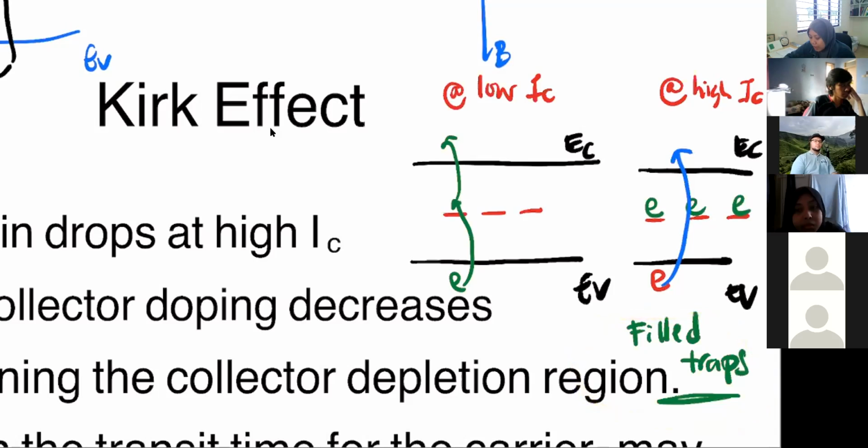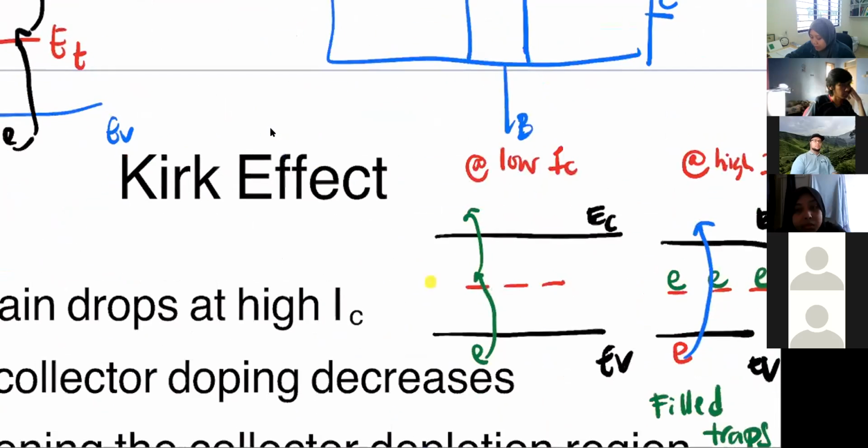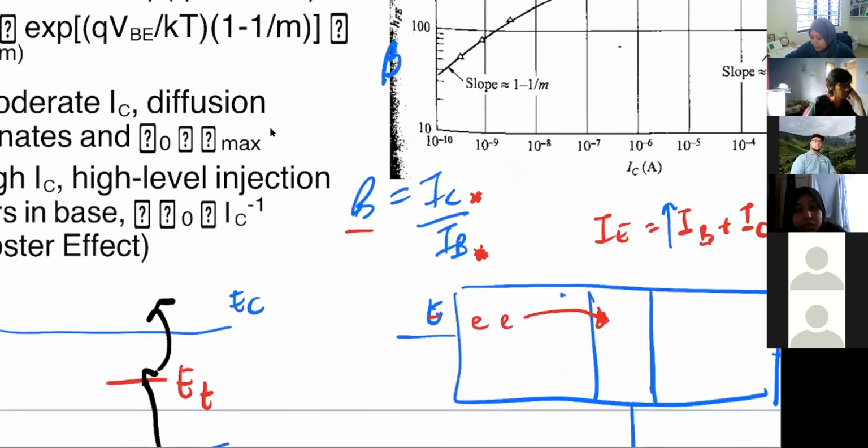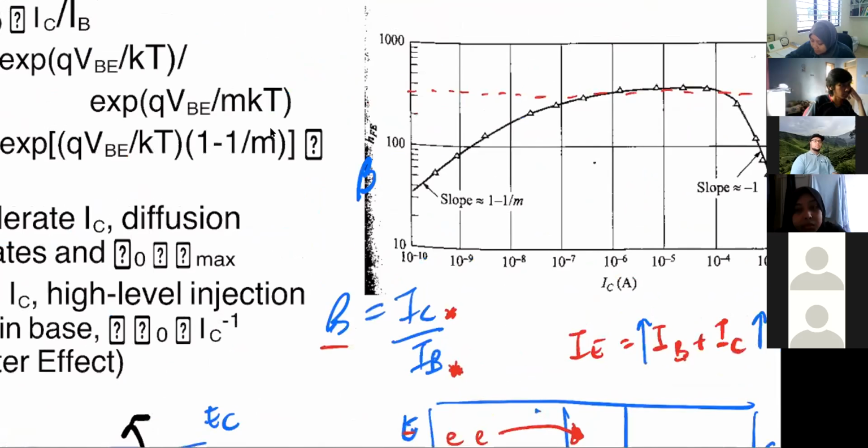So therefore you can no longer have this mechanism. So at low current, you have this problem where the defect will be effective. Therefore, the base current will be increased, until there is enough current that all the traps in this region are filled, and then it becomes normal over here.